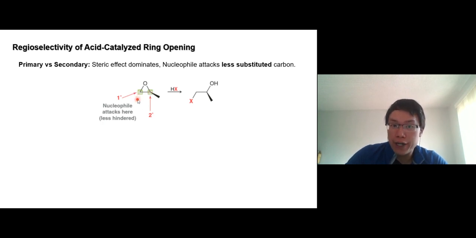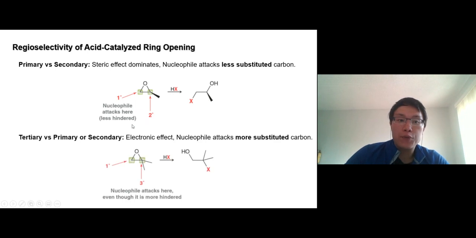So the nucleophile will attack right here. But when you go up to tertiary, the electronic effect dominates. So although right here is wide open, and the nucleophile would love to come here, this one is much more positive than the other side. And the electronic effect in this case dominates the steric effect. So the nucleophile will attack right here.